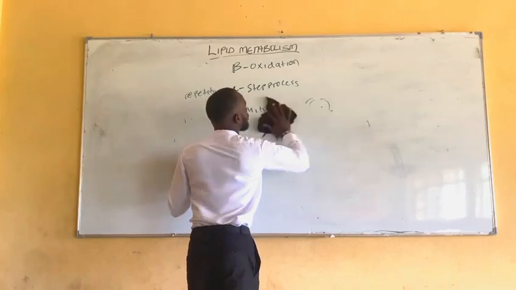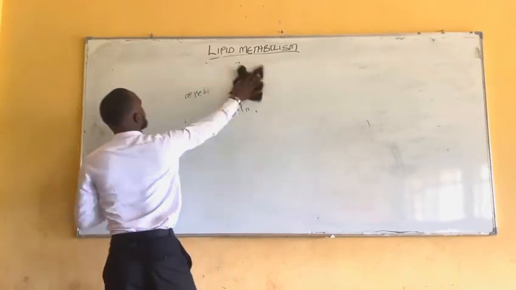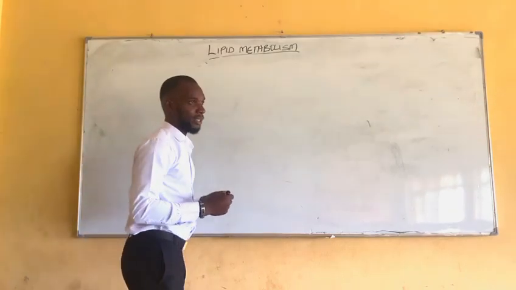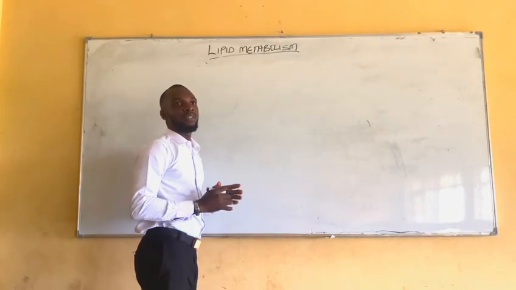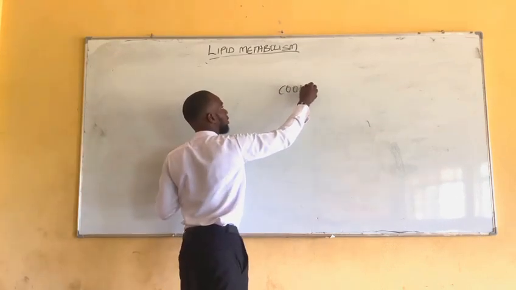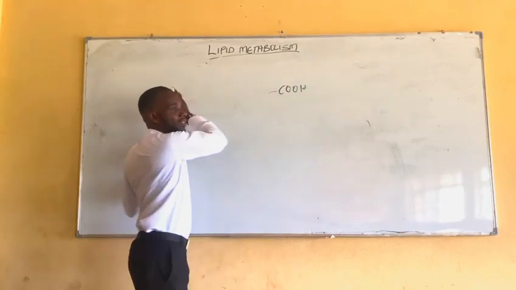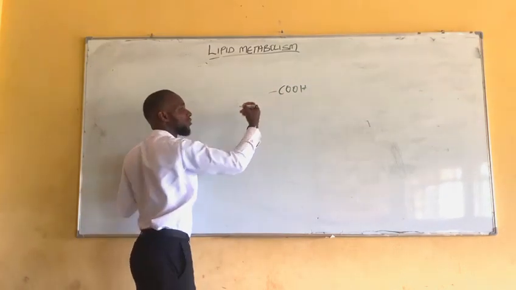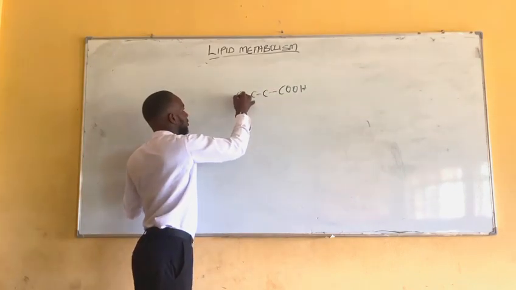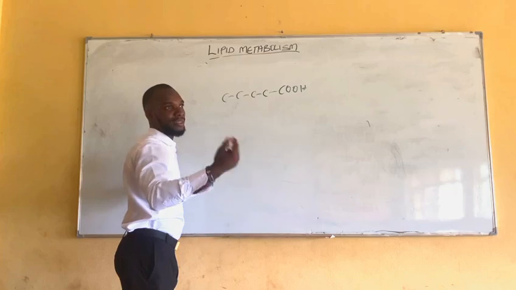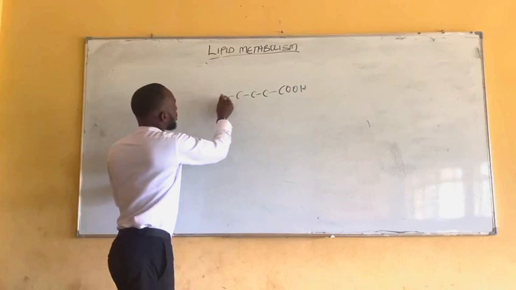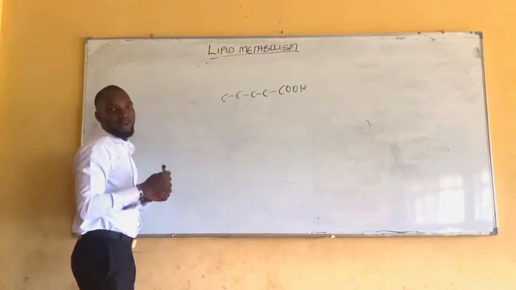So let me just show you the general structure of fatty acids. What are fatty acids really? Fatty acids are made up of the carboxylic acid group, that is COOH, and then the hydrocarbon chain, which can be made from 4 up to 36 carbons.